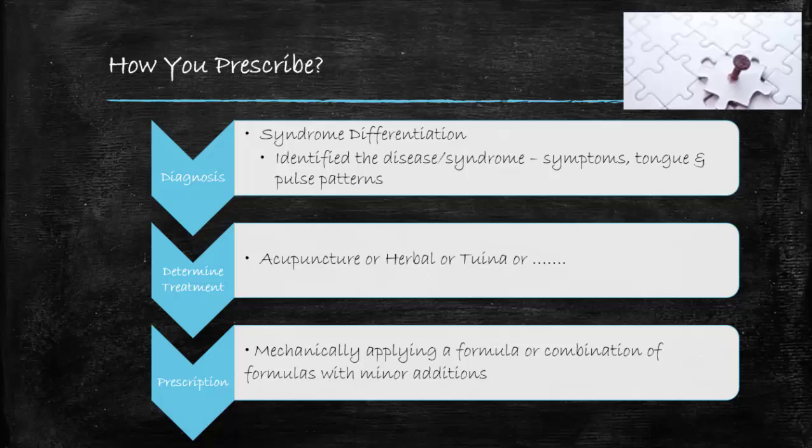Mechanically applying a formula or combination of formulas is not the most effective way of prescription development for herbal formula. And I will demonstrate to you throughout the series some of that as well. But here, we focus on the herbal formula and how it should be done.